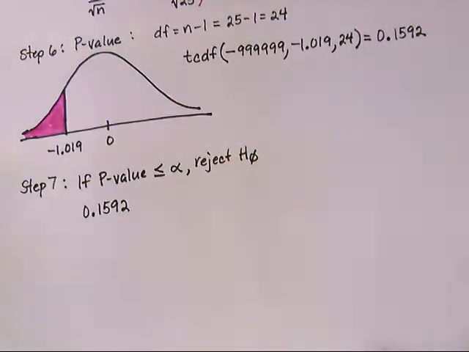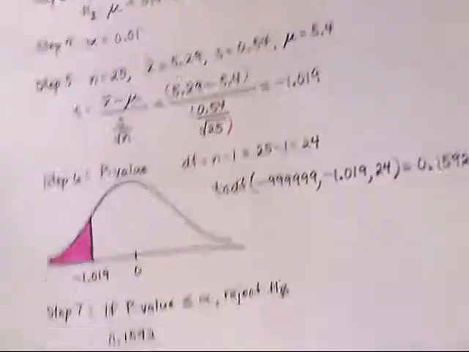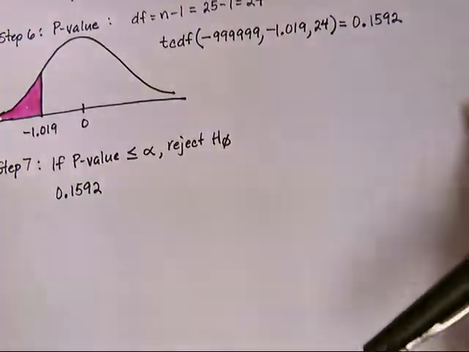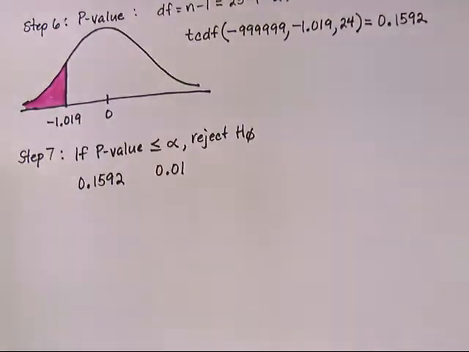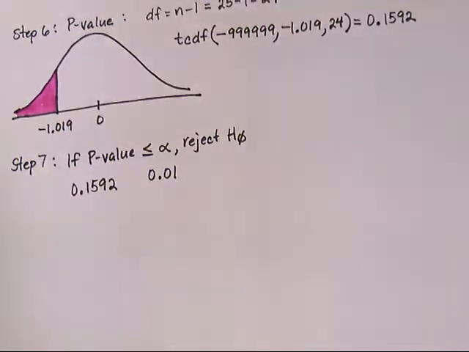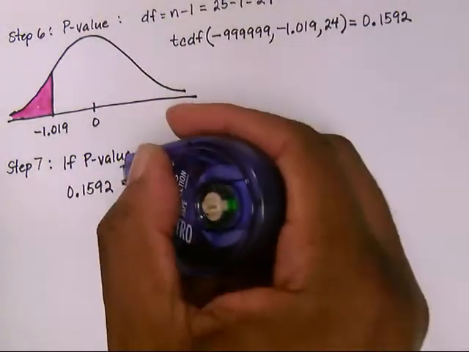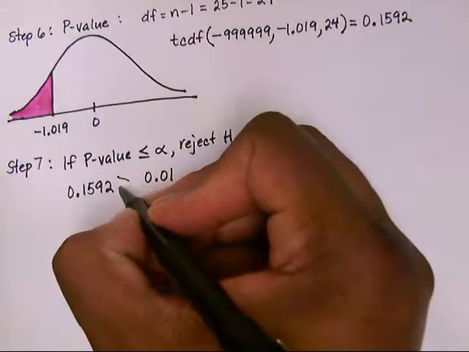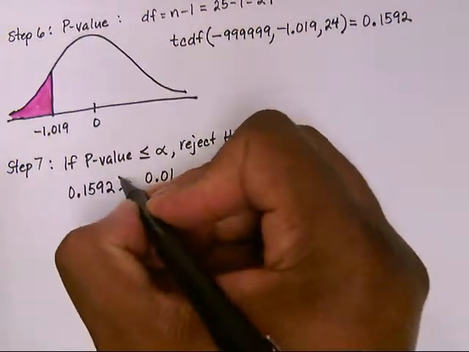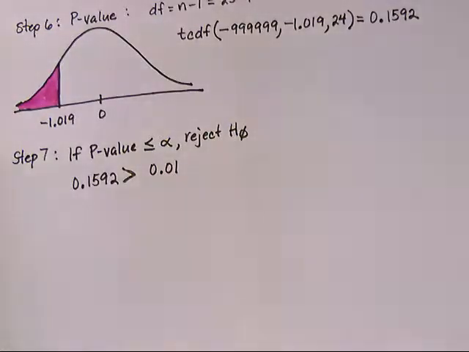The alpha level from step number 4, or in the problem number 8, 0.01. And when you compare those two, you'll see that 0.1592 is greater than 0.01, which violates our decision rule.